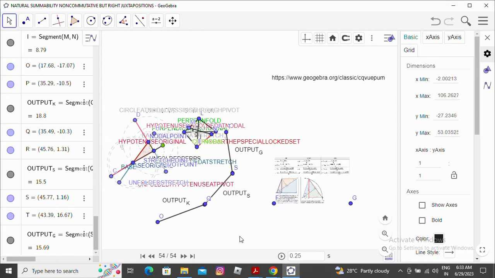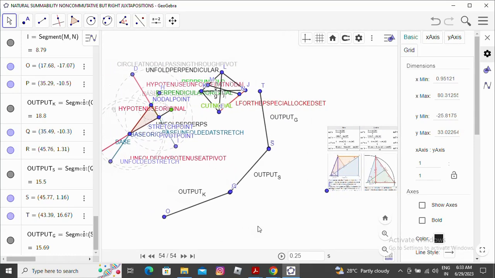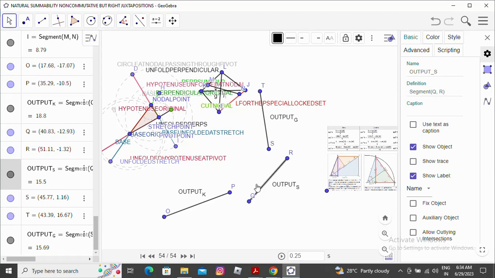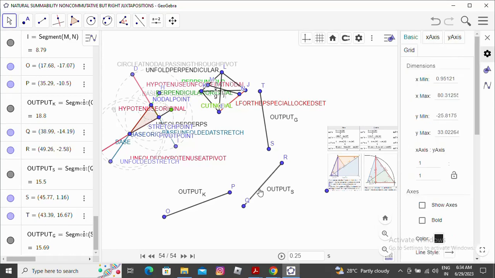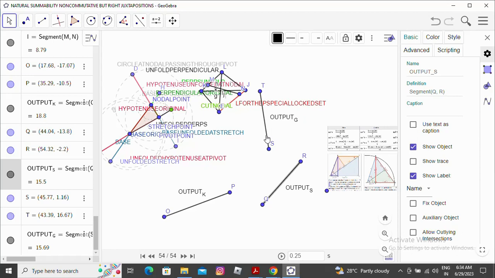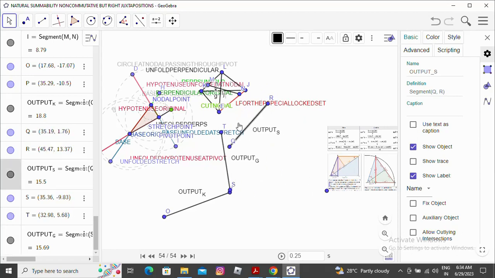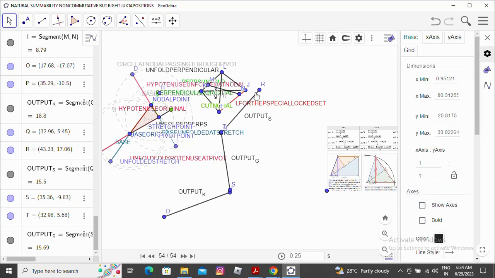The real natural summability is possible when we don't need to translate, rotate, or do any flipping, and when all the outputs are generated one after another automatically. If the outputs are generated in this way automatically, then we can consider that it is summability.